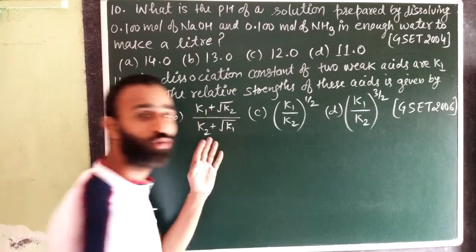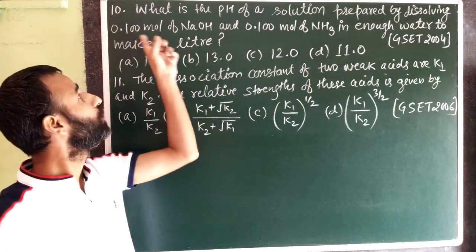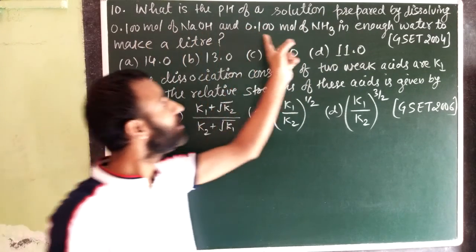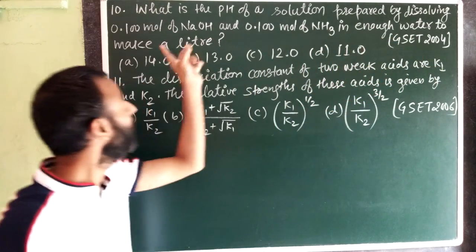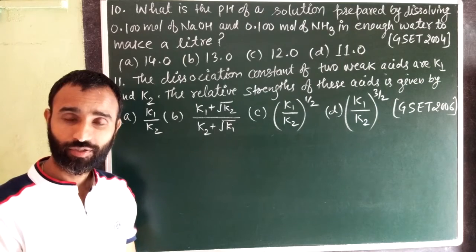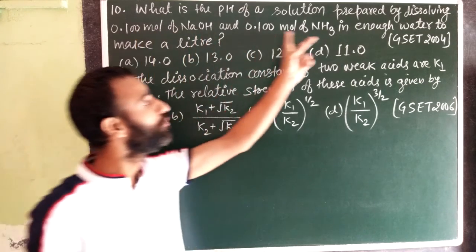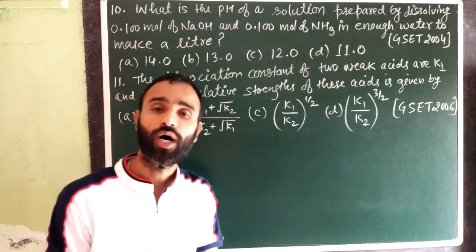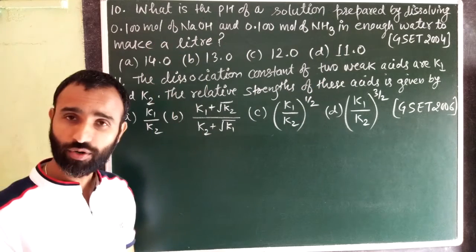Okay, so the next question is, what is the pH of a solution prepared by dissolving 0.1 mole of NaOH and 0.1 mole of ammonia in enough water to make a liter? 1 liter solution is there, 0.1 mole NaOH and 0.1 mole ammonia. But you know ammonia is a very weak base, NaOH is a strong base.